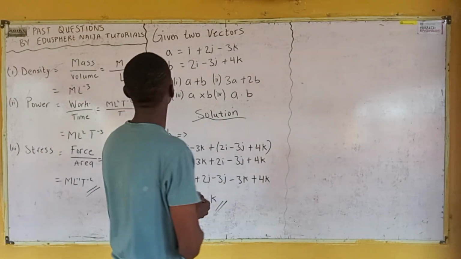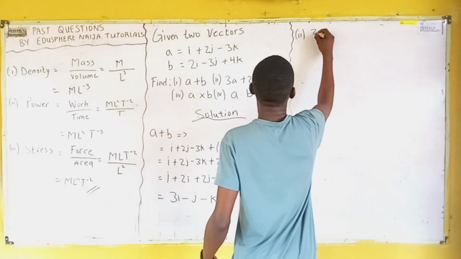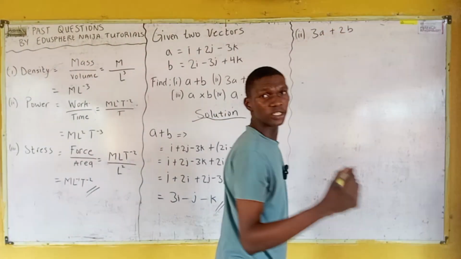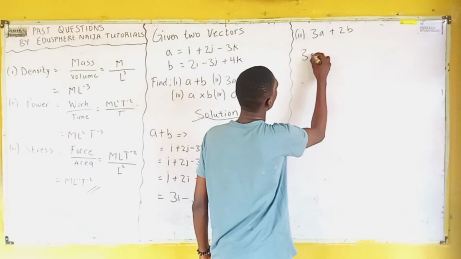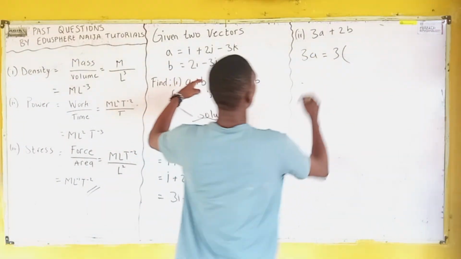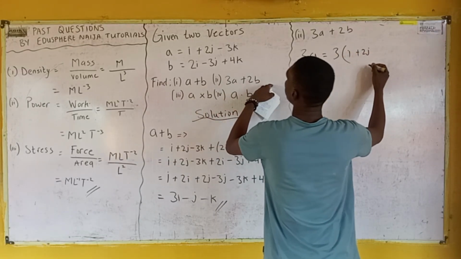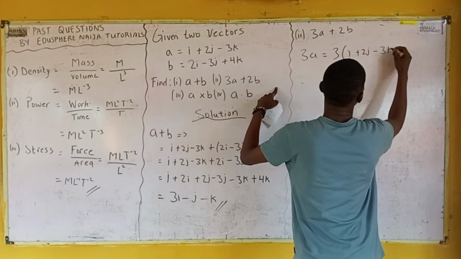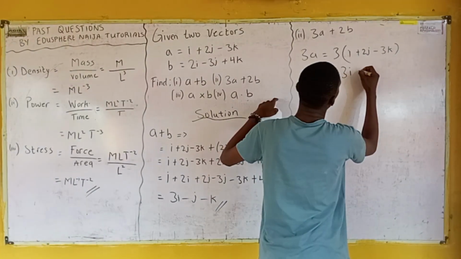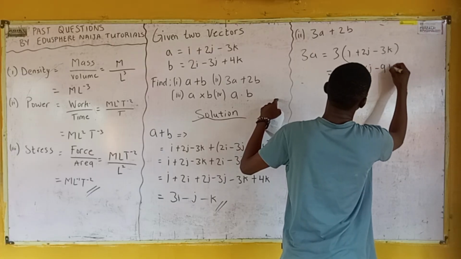Let's move on. The next one is 3A plus 2B. We can bring it out like this. We have 3A equals 3 open bracket I plus 2j minus 3k, so that will give us 3I plus 6j minus 9k.